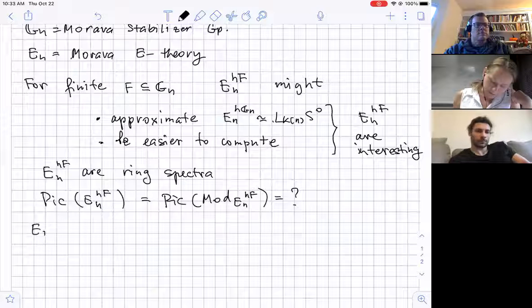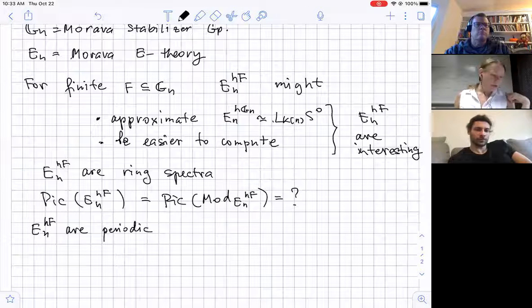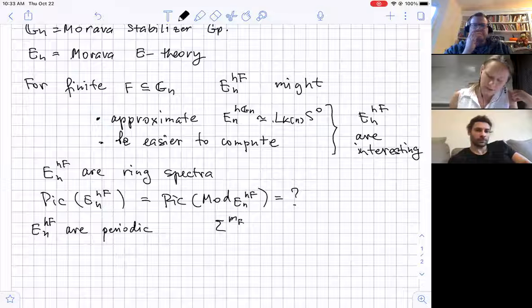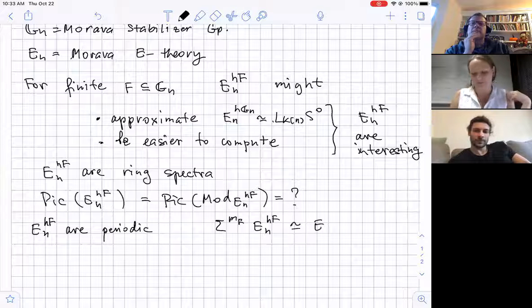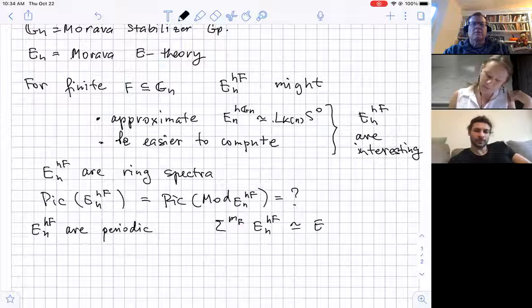Well, so let's see. These spectra are periodic. What does that mean? That means that there is some suspension, some homotopy element in this degree, which induces an equivalence.